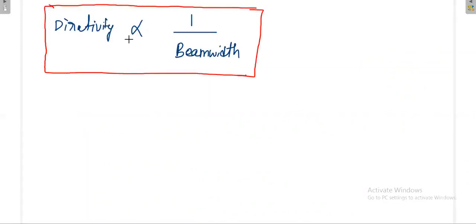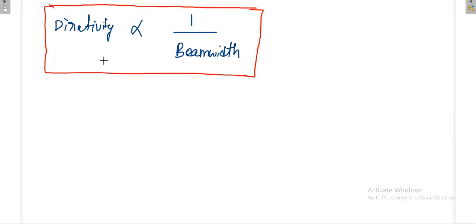What it is telling is, if your directivity has to be high, or another way you can think of it, your signal has to go a longer distance, because once you have directivity, you will have more power. If you have more power, your EM wave can go a longer distance, because for the receiver to operate, you need some minimum power.